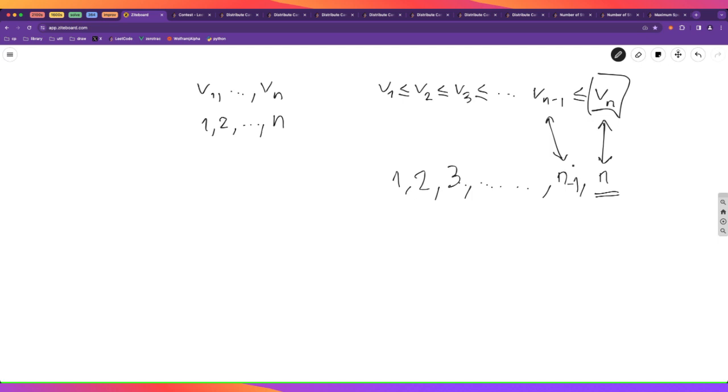So you can prove this. I think this is intuitive, but if you wanted to prove it, you can say, well, let's say that we don't choose the maximum for n. Let's say that we choose something smaller, but then we are going to pair the maximum value with some other.